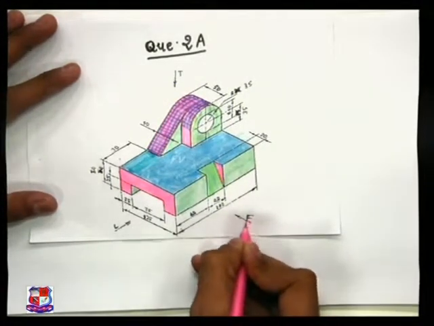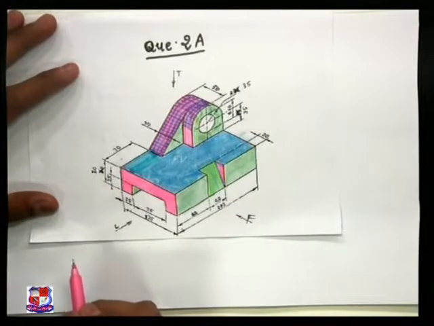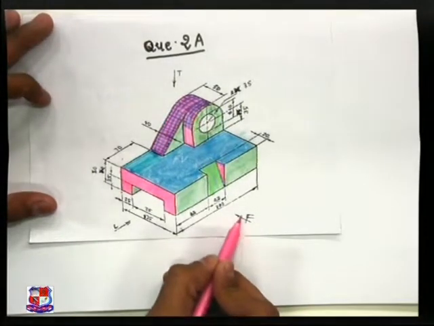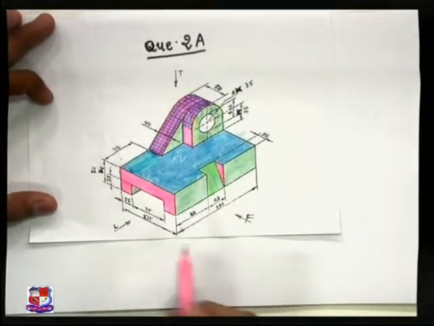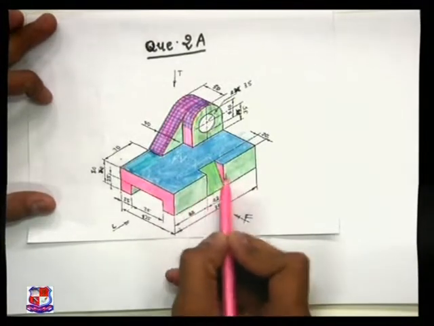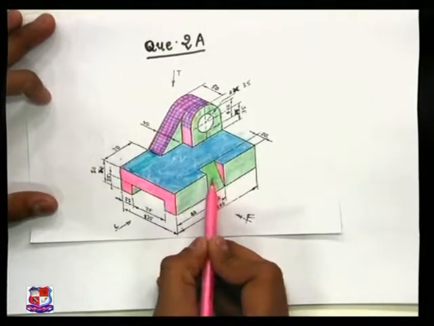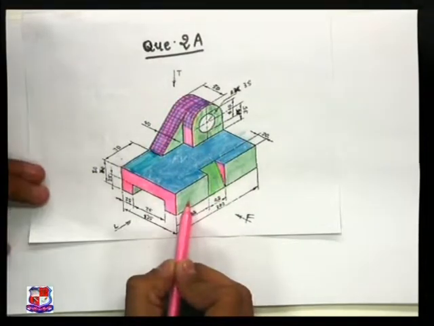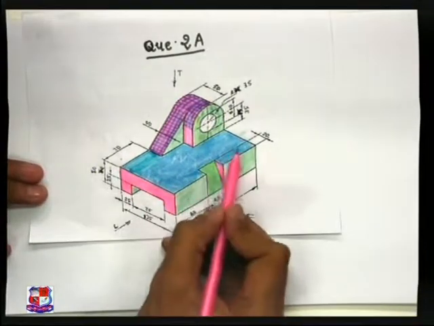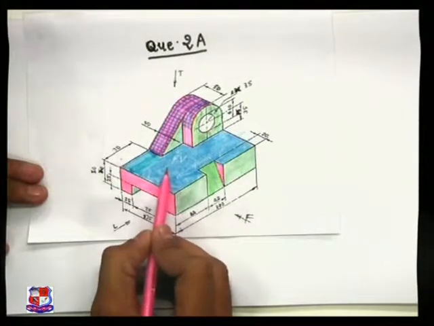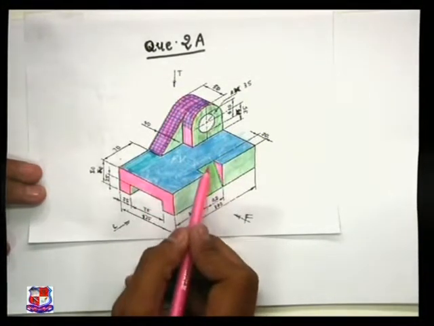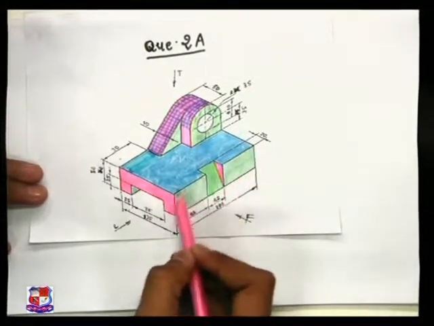Here F is written. It means the front view should be drawn from this direction, and if we look from this direction at an infinite distance, this green colored portion would be visible to us. Like this portion would be visible, this portion would be visible, and this portion would be visible. If we look from the front side, this blue colored portion will not be visible, so this plane would be in line with this line.